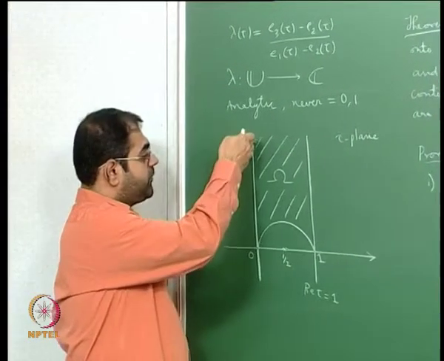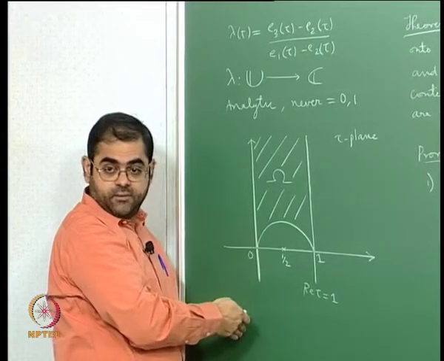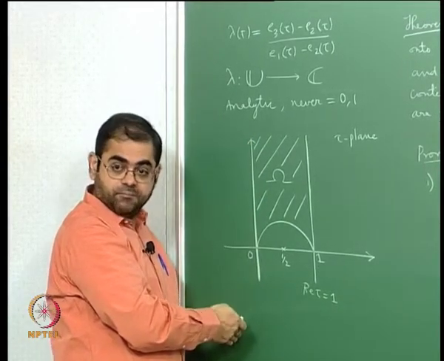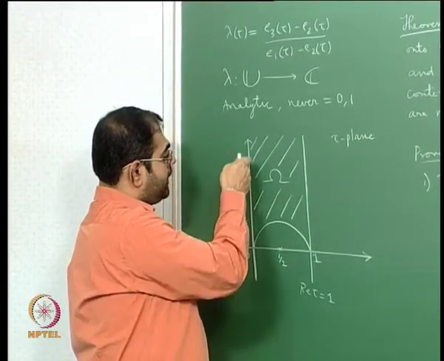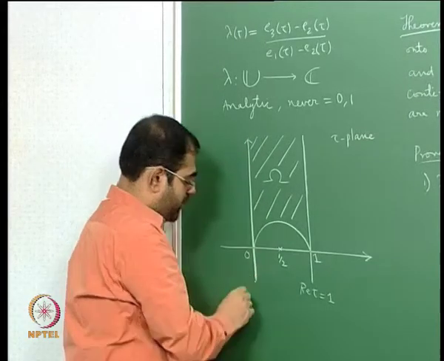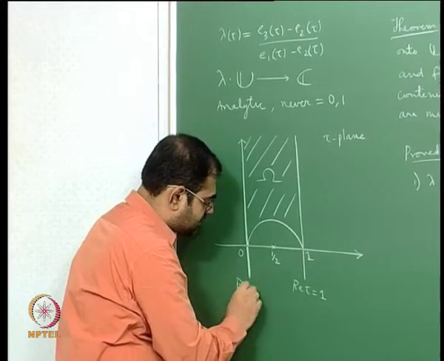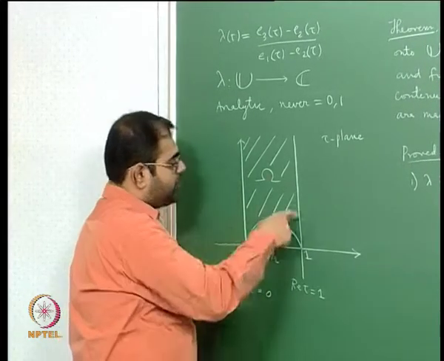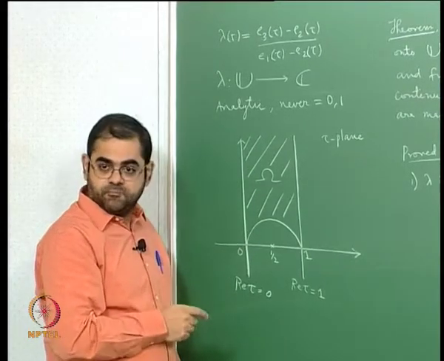If you remember, we proved that whenever tau is purely imaginary, lambda of tau is real. And then you see this line, real part of tau equal to 0, which is the imaginary axis, that is mapped to this line by the transformation tau going to tau plus 1.